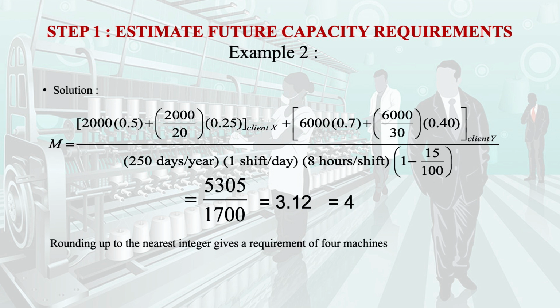If you go by the calculation, it is my personal advice, try to calculate with the help of a calculator and you will find 3.12, and we round up to 4 units.